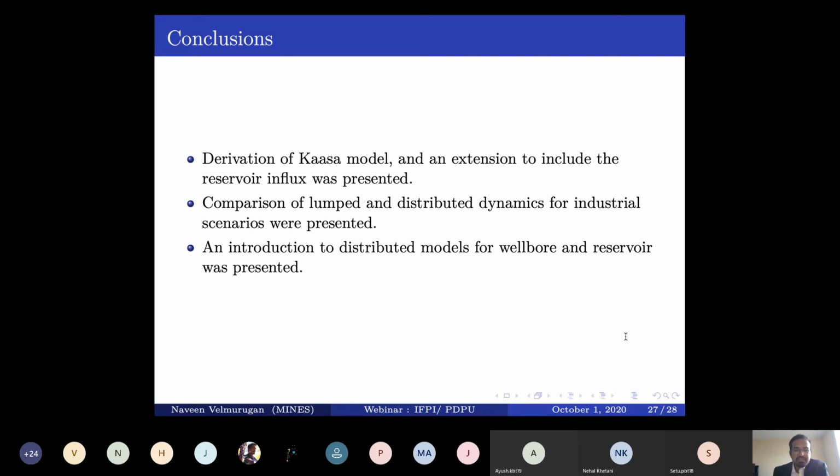And we briefly touched upon the distributed models for both wellbore and reservoir, just the format, just to give you a sense of how it looks.